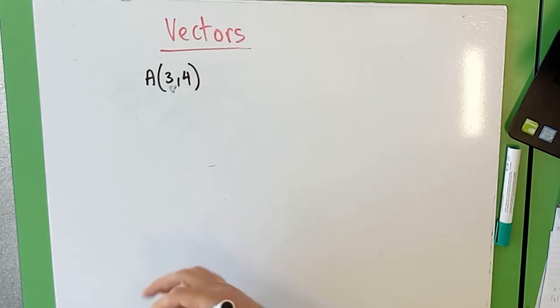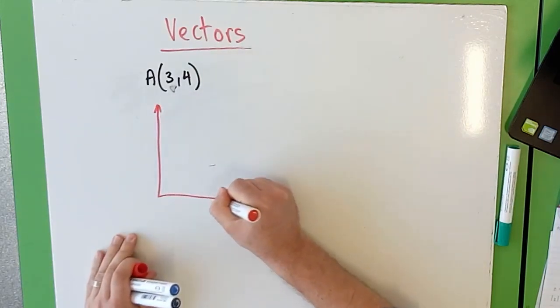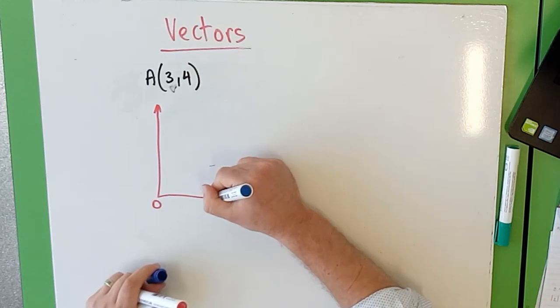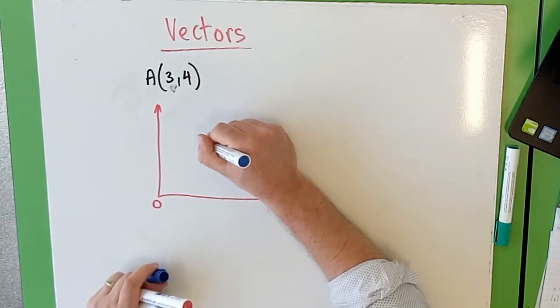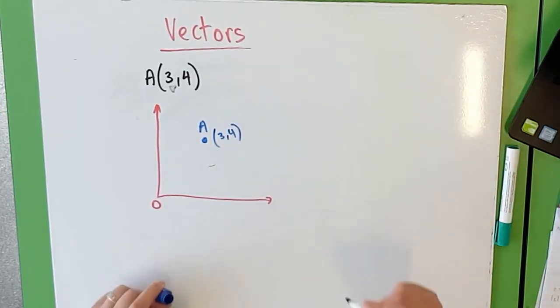Let's draw that really quickly, just do a little quick sketch. We've got our origin here and our point, which is 3 units across and 4 units up. So there's my point A at coordinate 3, 4.